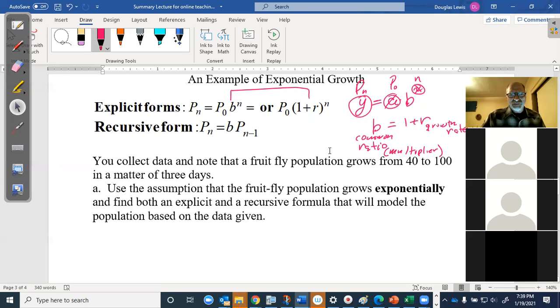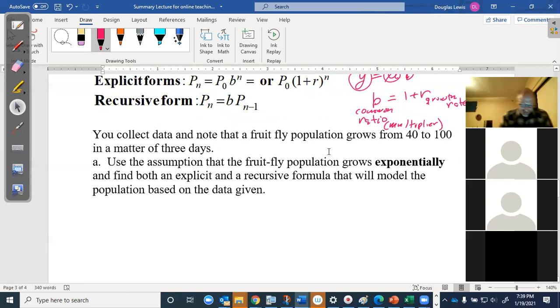And I want you to see what that means. That means on day 0, there were 40. Day 1, we don't know. Day 2, we don't know. But day 3, we know is 100. Okay, that's what that tells us.